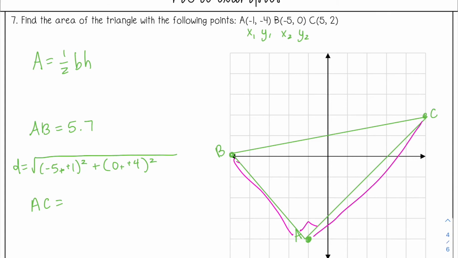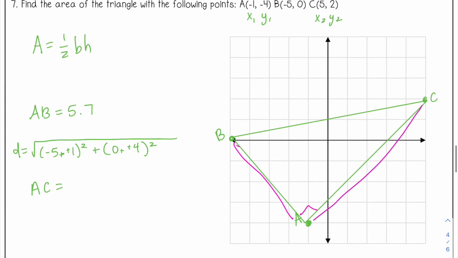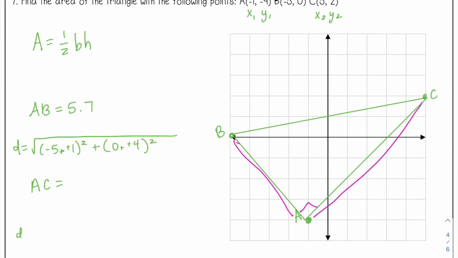Go ahead and pause the video now and try the same thing with AC. Okay, so you should have gotten, let's see, let's change these. So I'm going to leave A as x1, y1, and C as x2, y2. So 5 minus negative 1 squared, or 5 plus 1, plus 2 minus negative 4 squared.